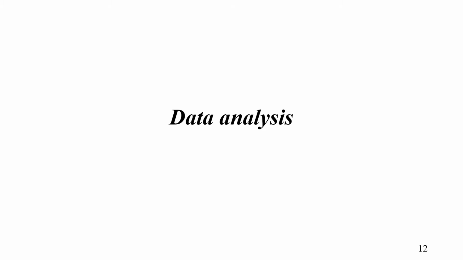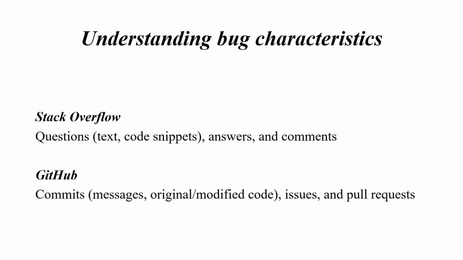To understand the characteristics of our bugs, we follow these next steps. For our Stack Overflow bugs, we manually analyze the text and code snippets in their questions, all the answers and comments to understand the symptoms, root causes, API usages, and the differences of these bugs.